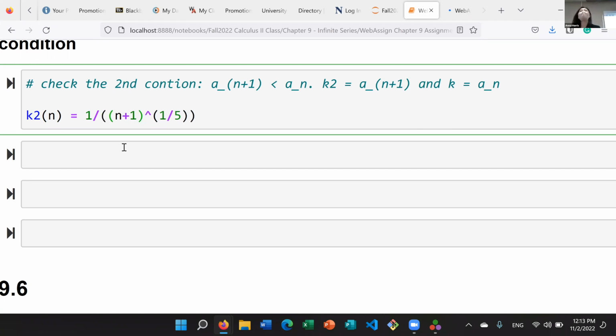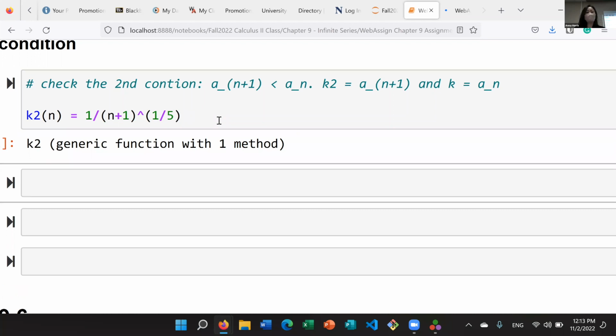Be sure you put your parentheses around it, otherwise your answer is not correct. This parenthesis is not really necessary. Are you with me? So now that's my n plus 1.